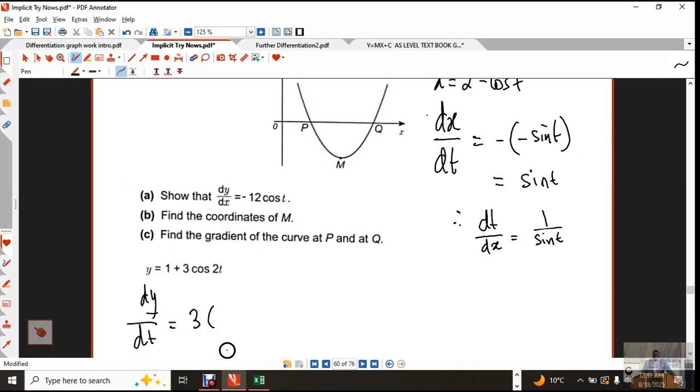The derivative of the cosine is minus sine of 2t times the derivative of the inside, times 2. So this gives us minus 6 sine 2t.